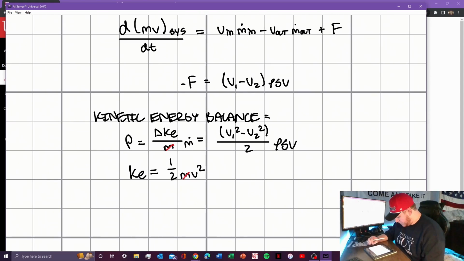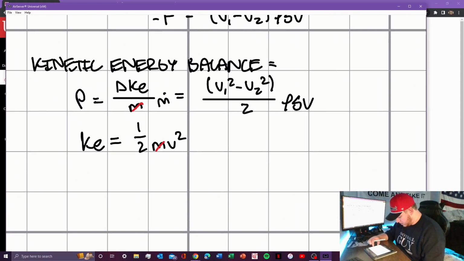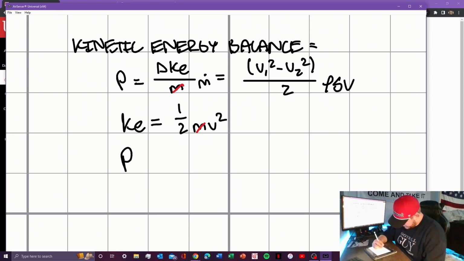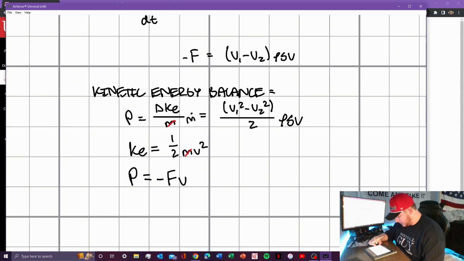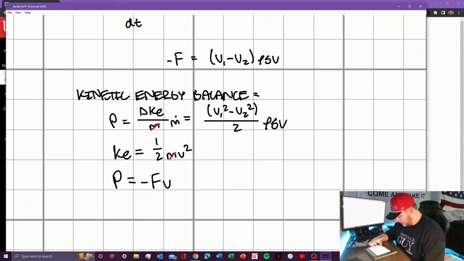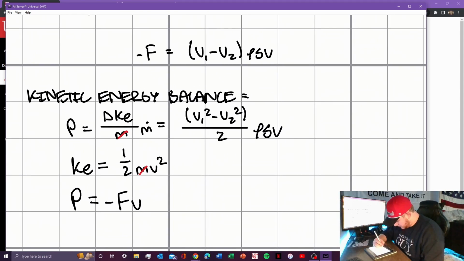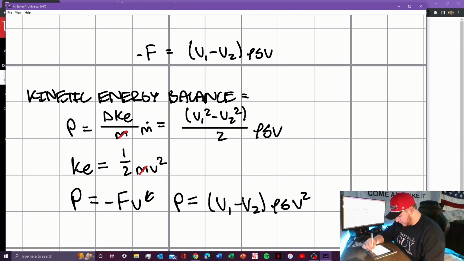Okay, next part here. We can also describe power as the negative force times the velocity. And we have the negative force equation already, so we can throw that in. So power is equal to V1 minus V2 times rho SV, and then that's going to be V squared since we have this other V term.